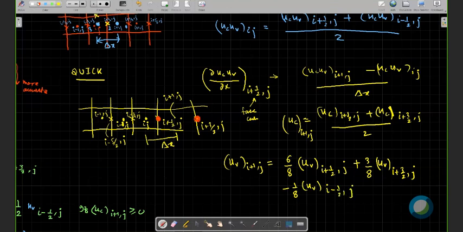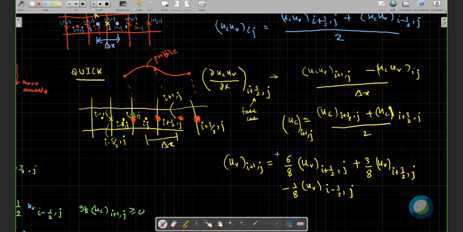So these 3 points, to find out the value at this cell center, you have taken these 3 points. And this will be something like a quadratic. Point number 1, point number 2, this is a profile. And these are all assumptions in CFD.